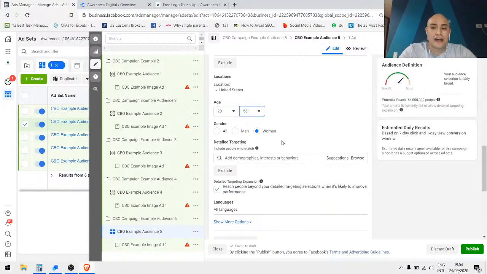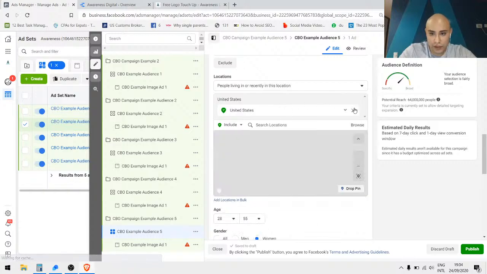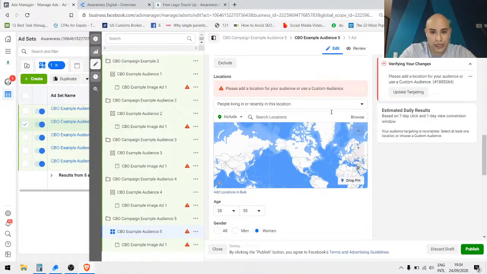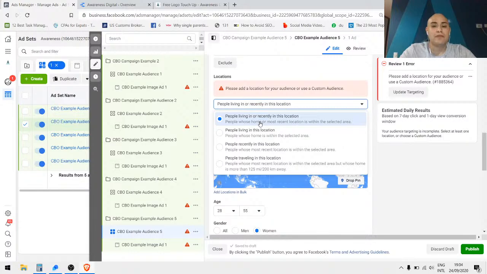We've already narrowed it down to 64 million people, but this is across the United States. So we've got to drop that target in terms of location, which is up here. My bad. So we're going to click off. We're going to go to locations. We're going to say people living in this location. We don't want people that are recently there, right? Because if they're on vacation, that doesn't help us.